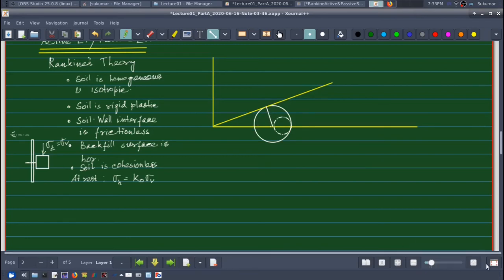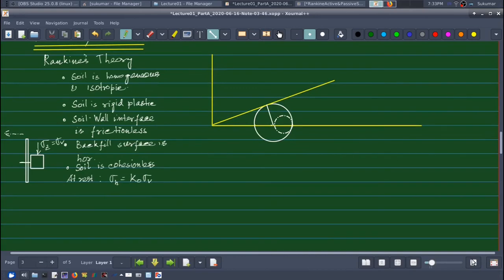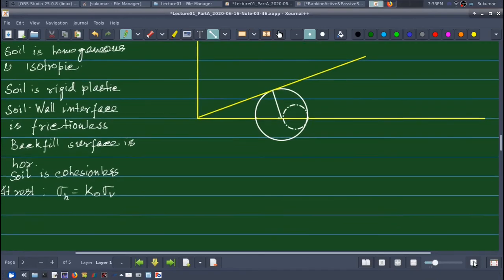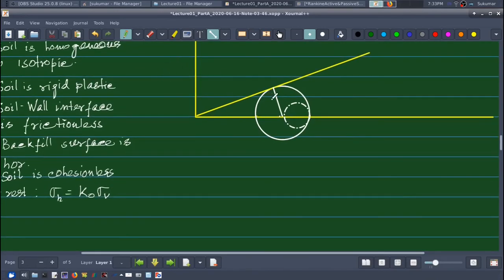Let me slightly zoom in so that you can see it better. Now if I draw a line from here, this is my pole of the circle. Why is it the pole? Because the pole, you remember, is that point through which if I draw a horizontal line, it will meet at a point on the Mohr circle which represents the stress condition on a horizontal plane.